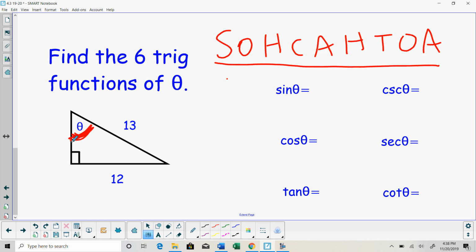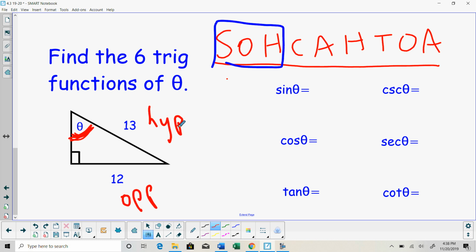So the sine is the opposite over hypotenuse, all right? If that's what we're using, the opposite side would be this side here. The hypotenuse would be 13, and we do need to find this side. I'll call it x. That's going to be our adjacent leg. So I can do x squared plus 12 squared equals 13 squared.